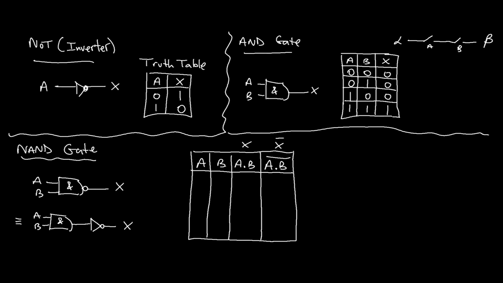Right, so let's fill in the truth table inputs initially. Okay, so 0, 1, 0, 1, move left, 0, 0, 1, 1. All four states are there. It's always a good idea to put the AND outputs in first, and then you just flip those bits, and then you get the NAND functionality here. Okay, so we can see over here, that's where we had our AND truth table.